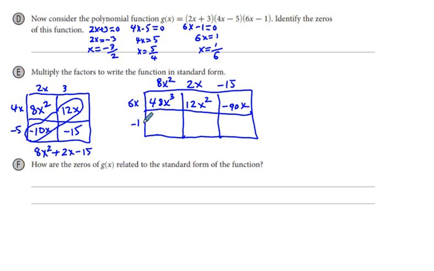Okay, next we have negative 1 times 8x squared, so that's going to be negative 8x squared. So basically, negative 1 is changing the sign of what's on top here. So negative 2x, and then we have plus 15.